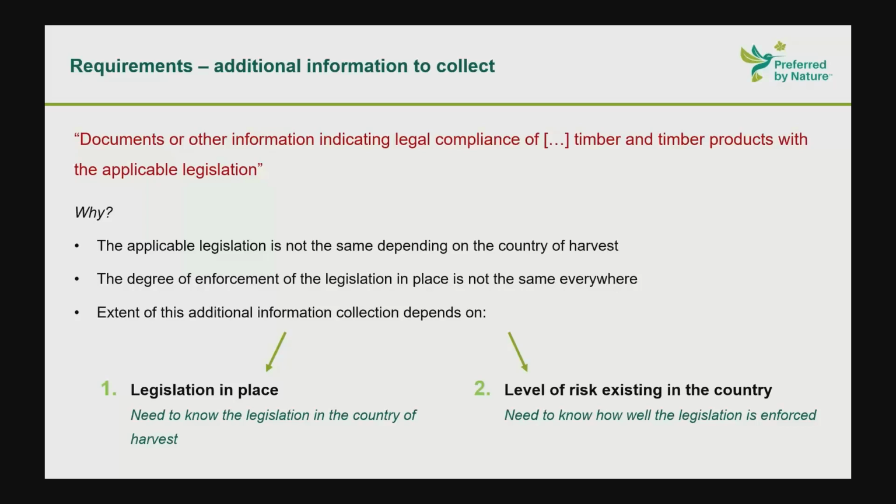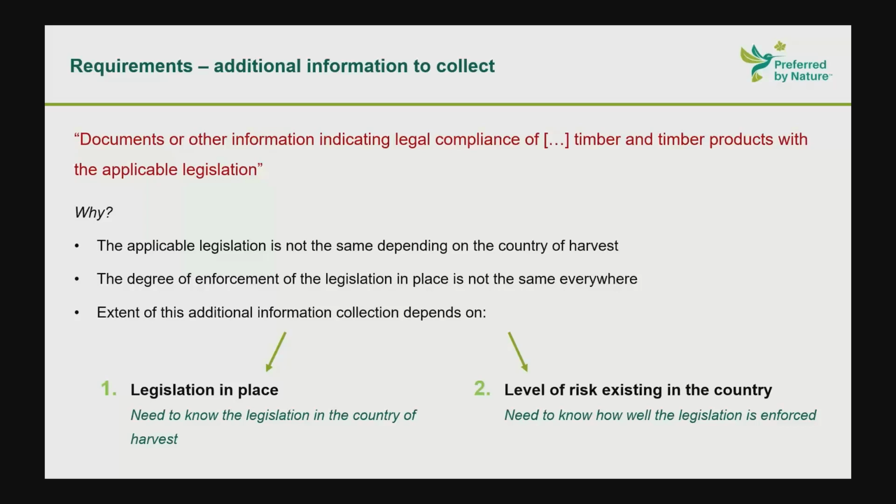So the extent of this additional information collection that is expected of you will depend both on the legislation in place and the level of risk existing in the country, or in the region. But normally laws are applicable at the country level, so we're very often talking about level of risk at country level.